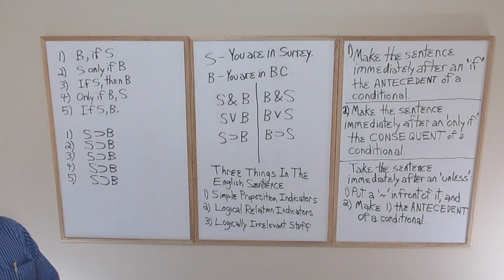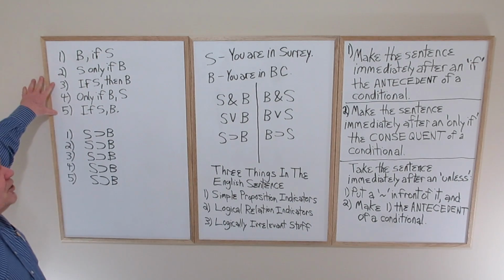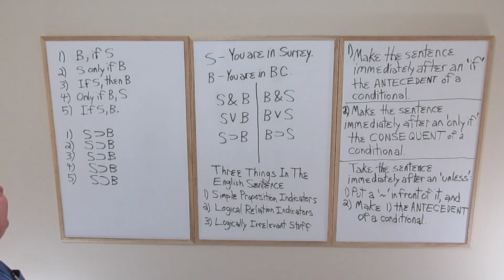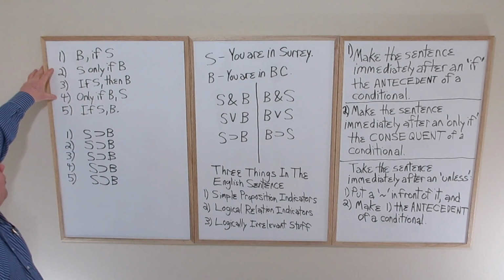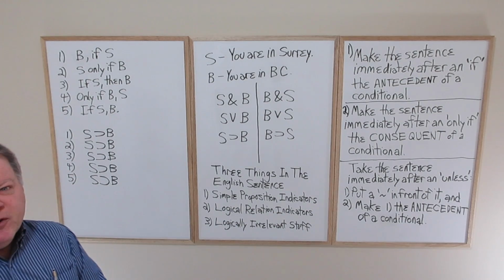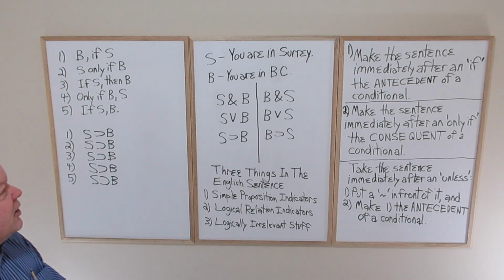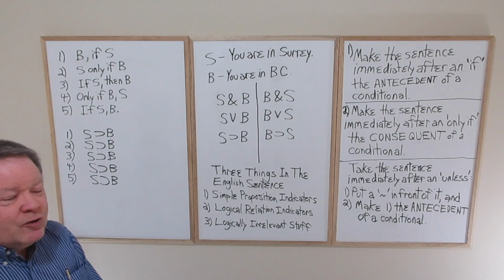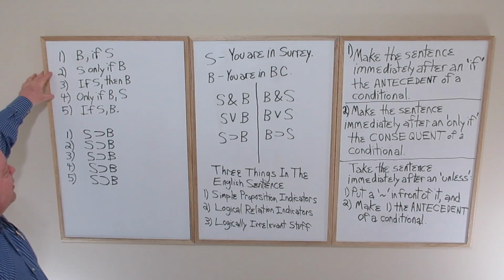So number 5 doesn't have a then. That makes no difference logically. The then is just a stylistic device. It doesn't change anything, it just smooths out the sentence. In 2 and 4, we've switched the order of the clauses. That's an emphasis thing, not logically relevant. We just edit it out.